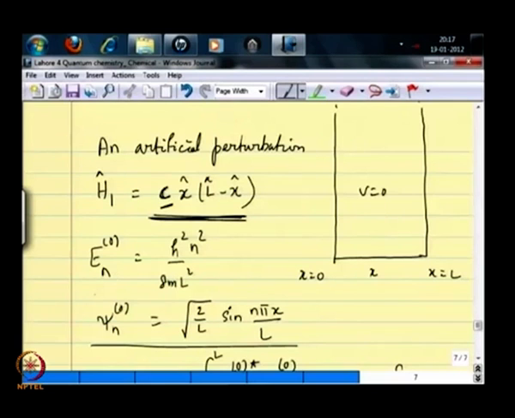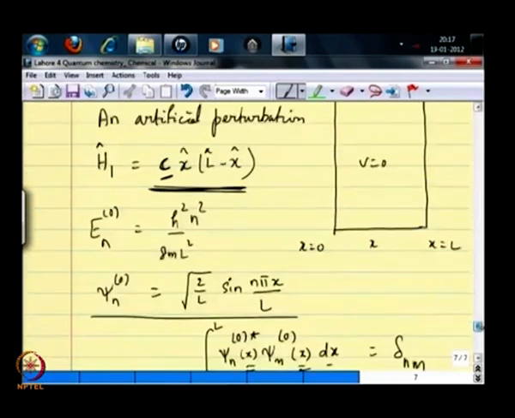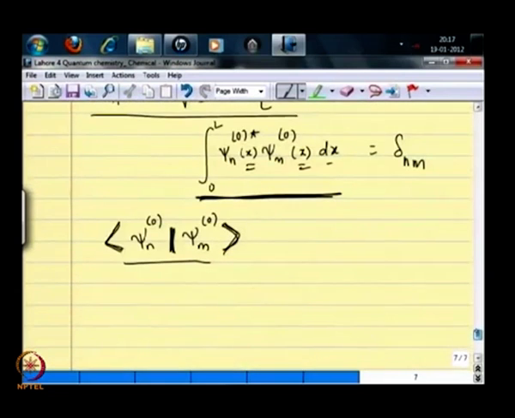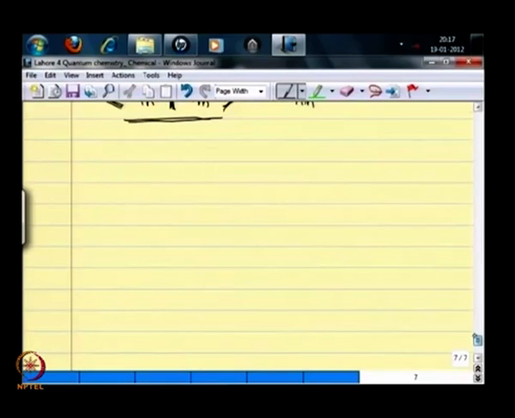The zero order energies and eigenfunctions are known to us, and the eigenfunctions are orthonormal.